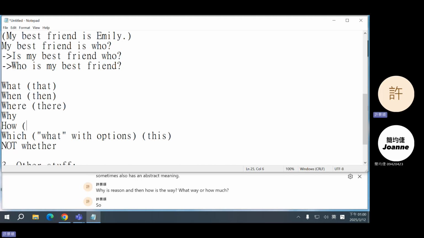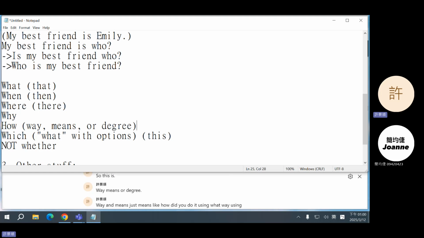So this is way, means, or degree. Way and means just means like how did you do it? Using what way, using what tools. Degree is how serious, how intense.